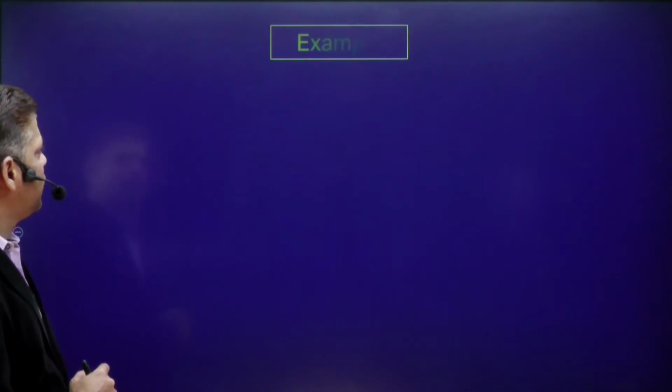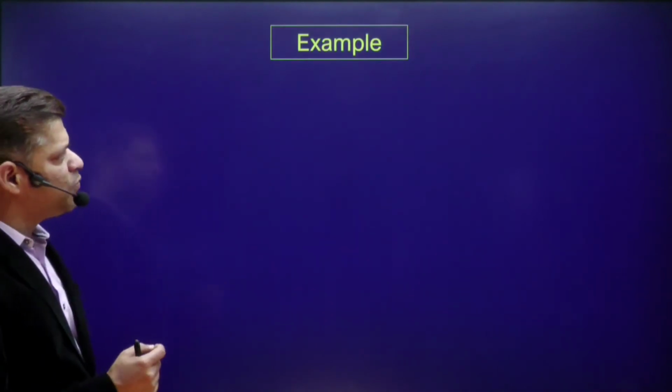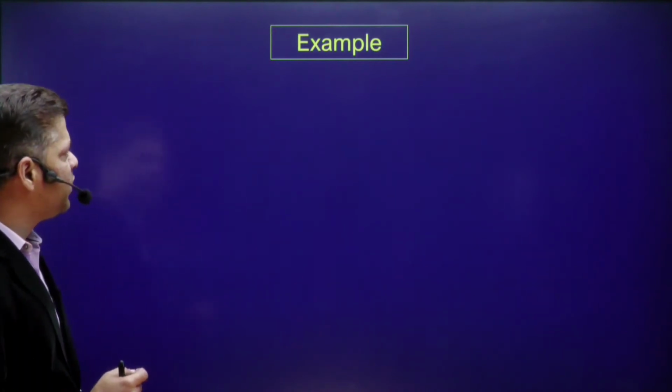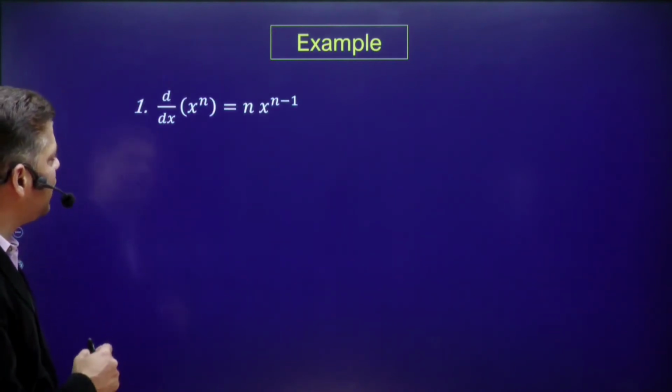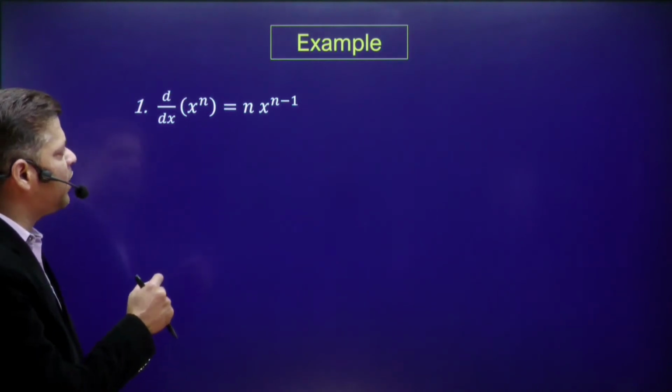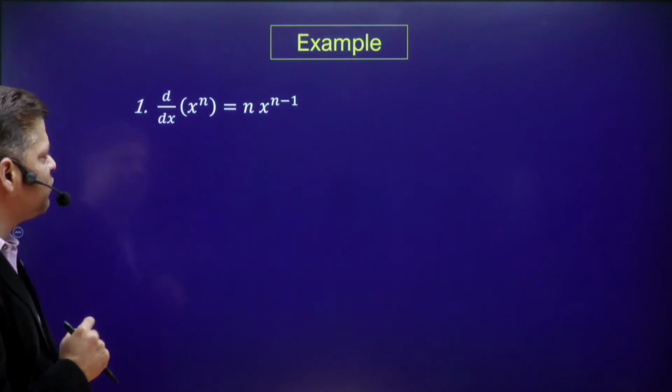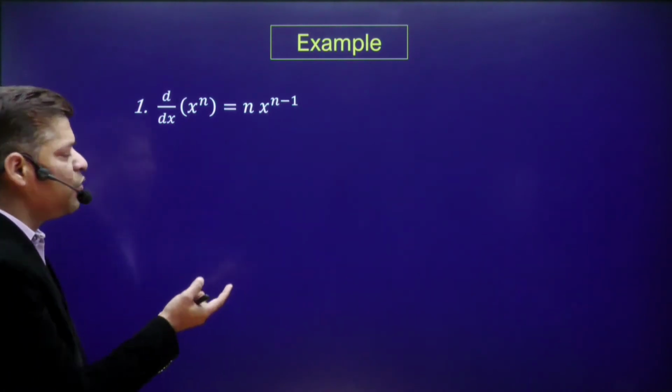Now we go in depth to understand this definition more clearly. Let us take an example. d by dx of x raised to the power n is equal to n into x raised to the power n minus 1. This differentiation we know very well.